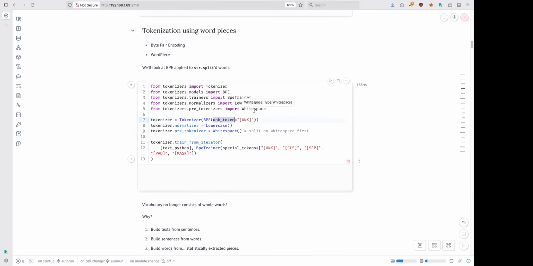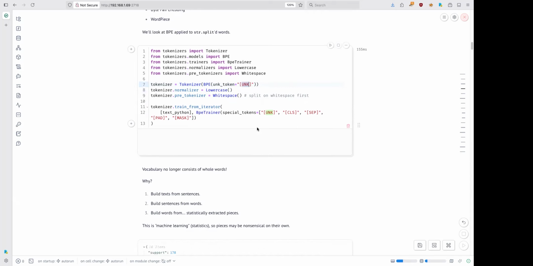Another interesting thing is that we can have unknown tokens. This happens when the training corpus isn't that good, when it's too small. So when we try to apply the tokenizer to a new unseen text, it may struggle to find tokens to tokenize. If this happens, we'll have an unknown token.